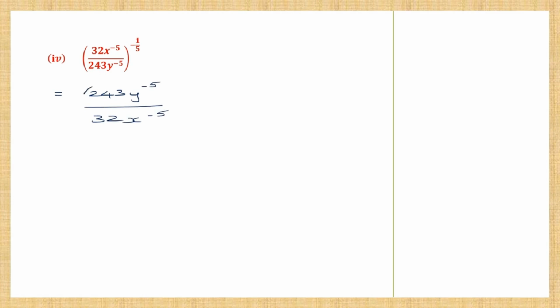So I've written the reciprocal. Now that I've written the reciprocal, my power will become positive. So that becomes 1 by 5. So now this is 243 raised to the power of 1 by 5, into y, which is raised to the power of minus 5, is also raised to the power of 1 by 5.